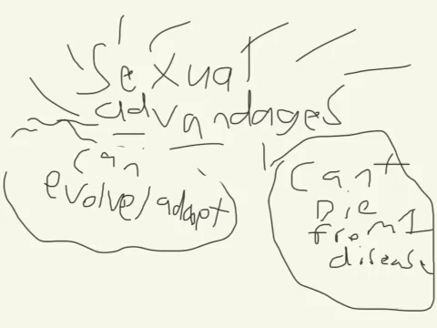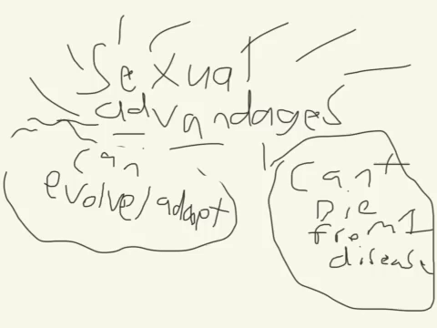Each form of reproduction has advantages. So, sexual advantages are that the animal can evolve and adapt.